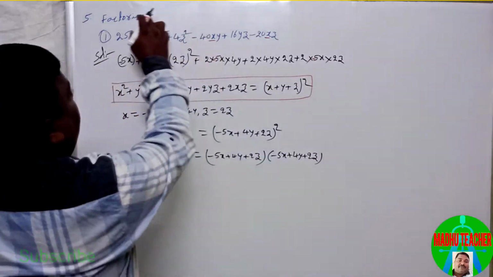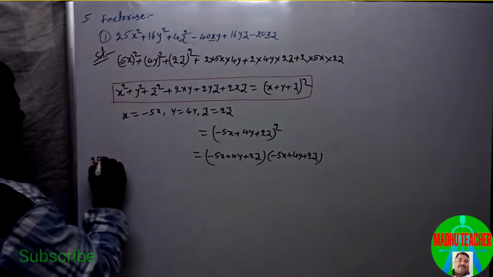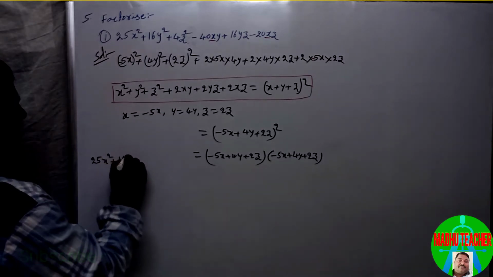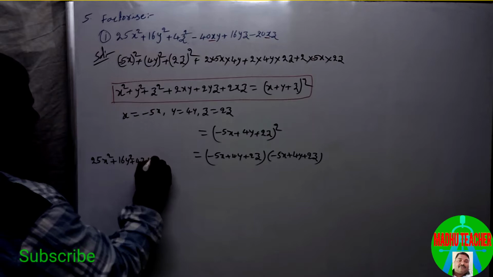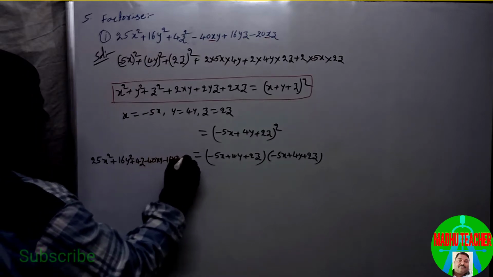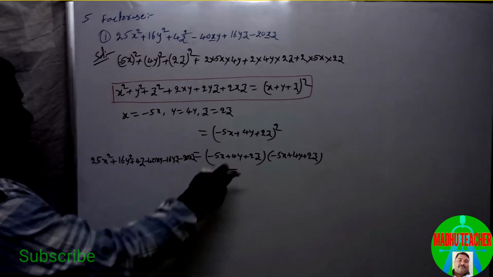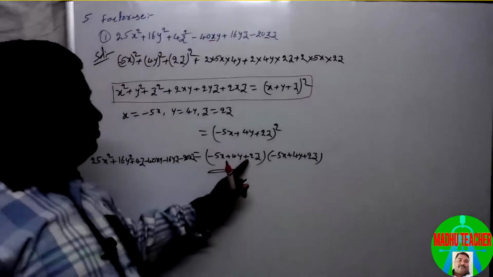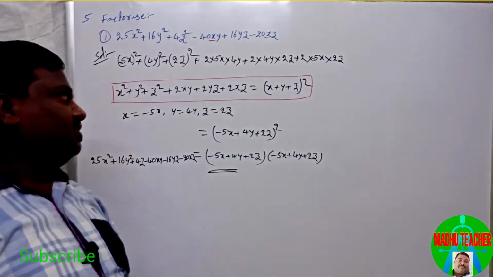These are the factors of this polynomial, that is 25x square plus 16y square plus 4z square minus 40xy plus 16yz minus 20xz equals minus 5x plus 4y plus 2z into minus 5x plus 4y plus 2z.